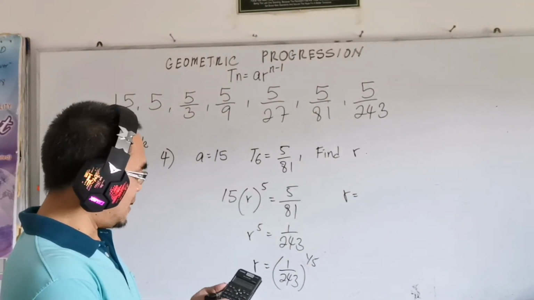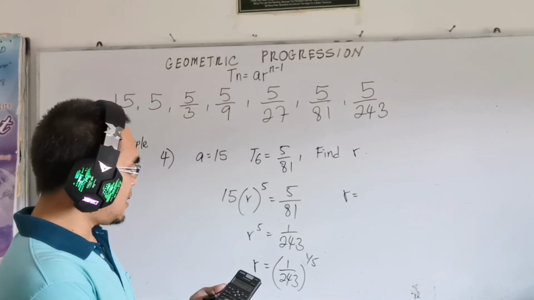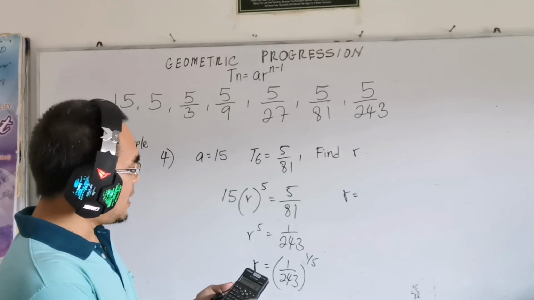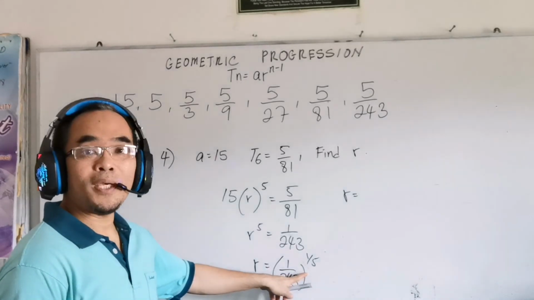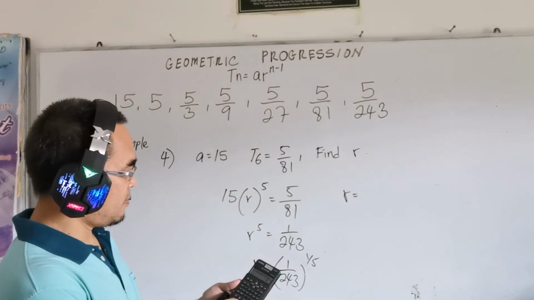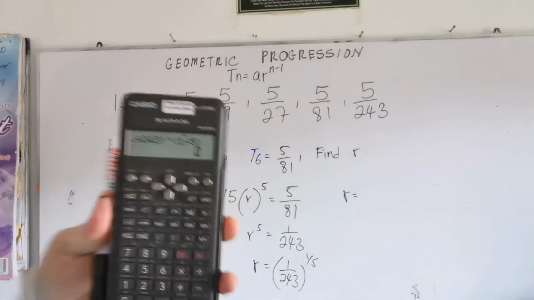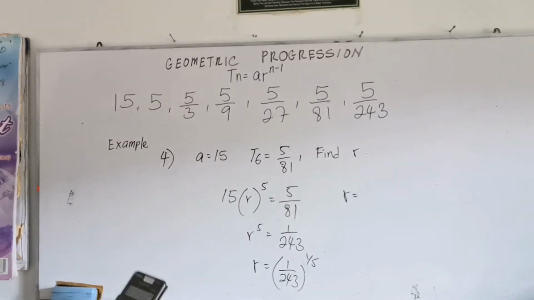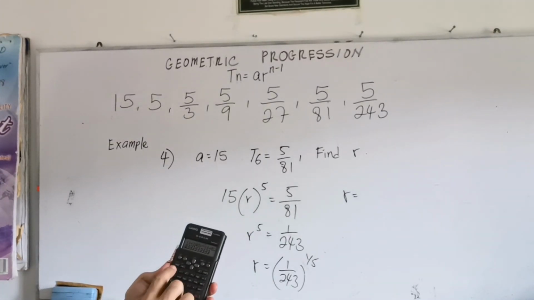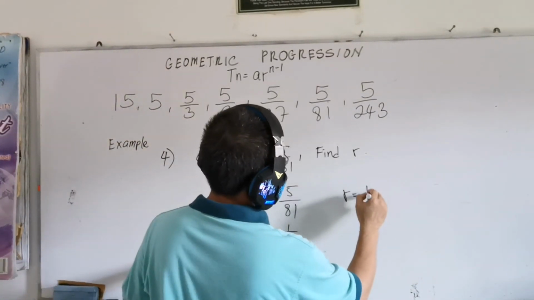There is inside the bracket 1 over 243, and then to the power, and 1 over 5 has to be inside a bracket also, 1 over 5. Okay? Okay. So you get 0.33. So R will be 1 over 3.